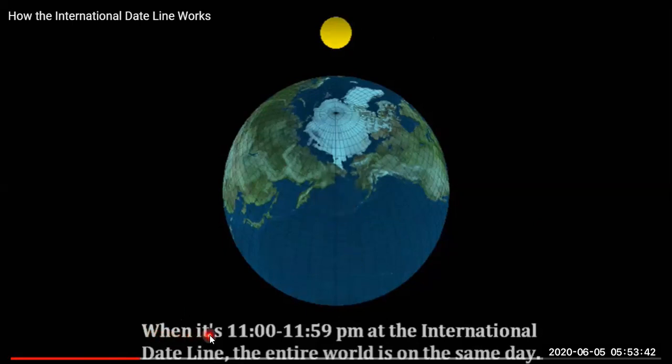So when it is 11:59 p.m. at the international dateline, the entire world is on the same day. Here is the sun, and here we are. This is the equator line, or Greenwich 0 degree, and the time here is 11:59 p.m.